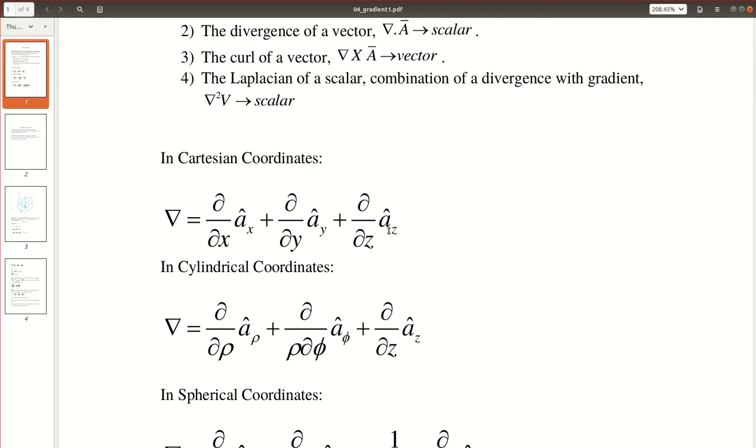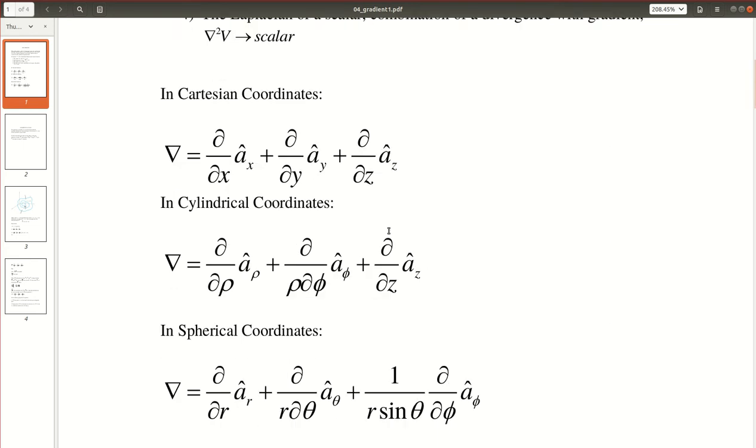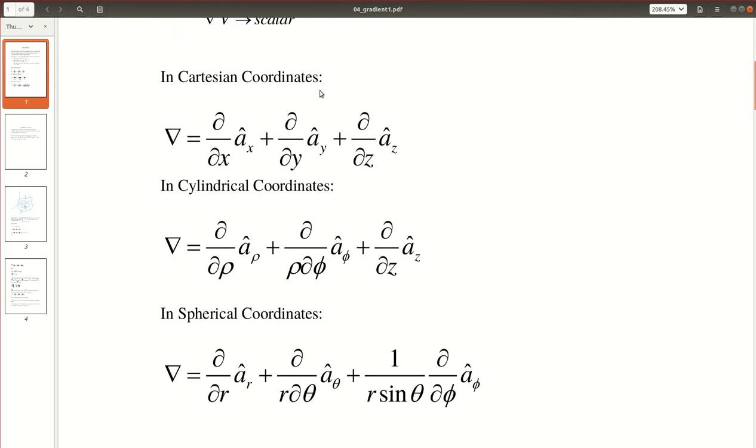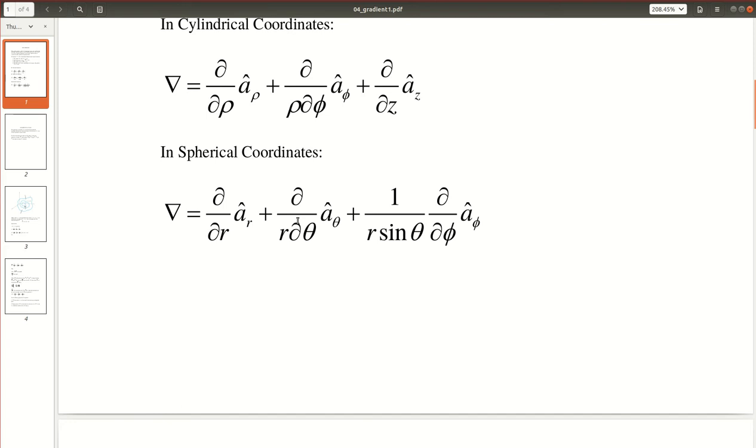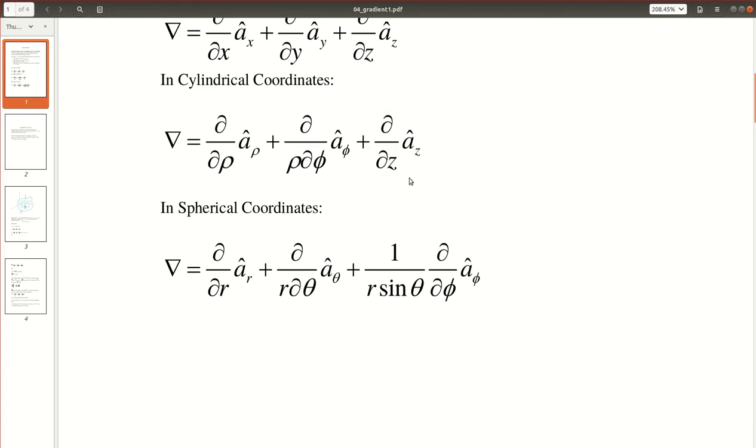It's the normal partial differentiation. This is in Cartesian. In cylindrical or spherical, this is the equation for it. I will not give you the calculus of how we reach this through delta phi or these ones. You may go and search for that.